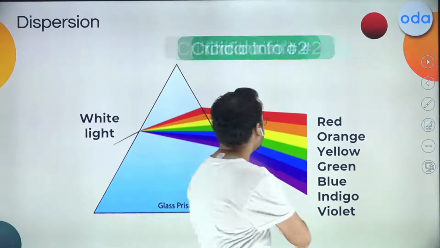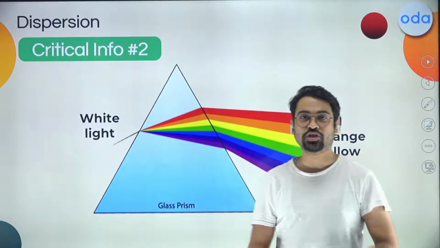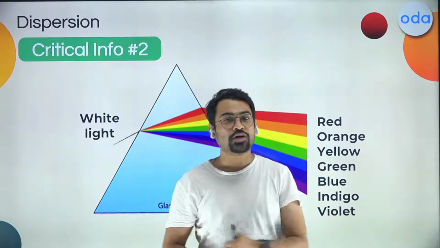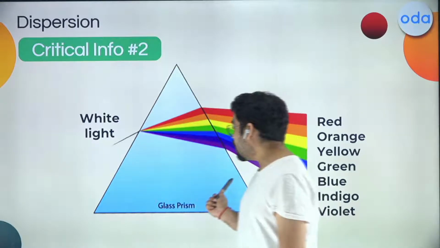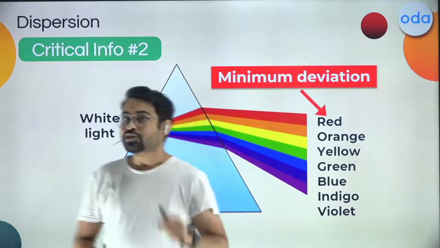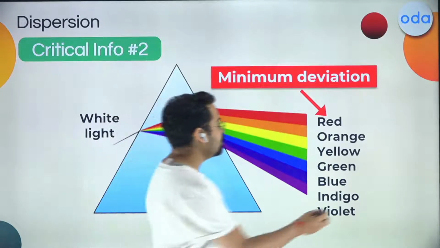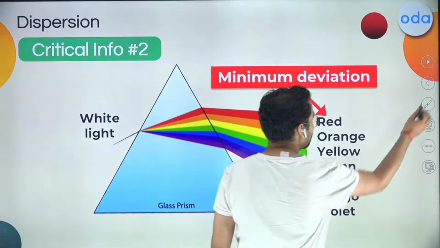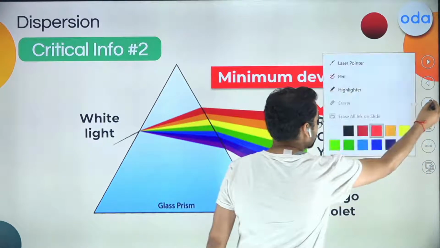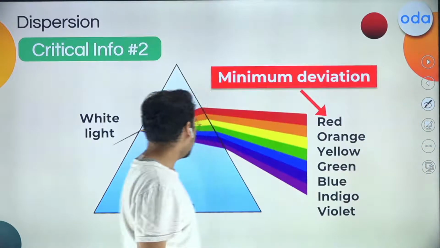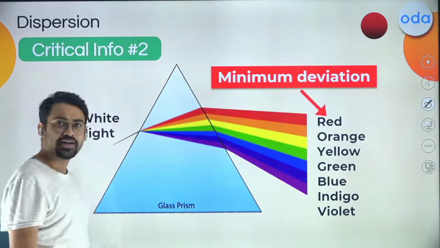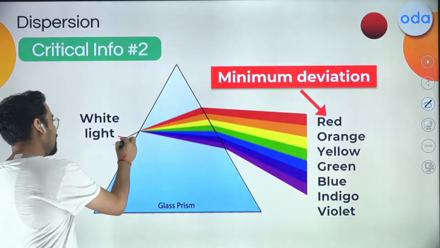And if you talk about critical information number two, what do you get here? You are now talking about something called deviation. Now, what exactly do we mean with the term deviation? Let me tell you. So in this case, what exactly is the white light trying to do? So white light starts off from here.